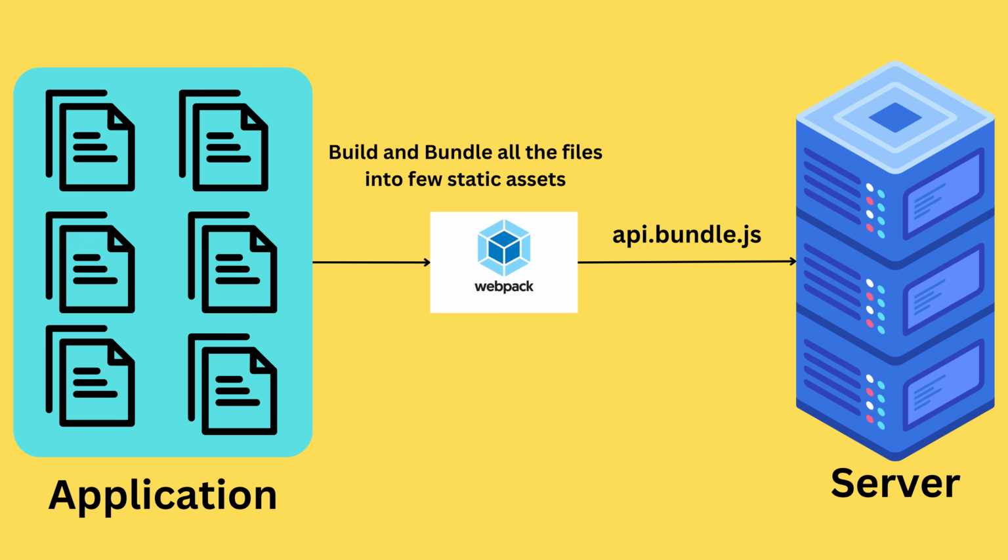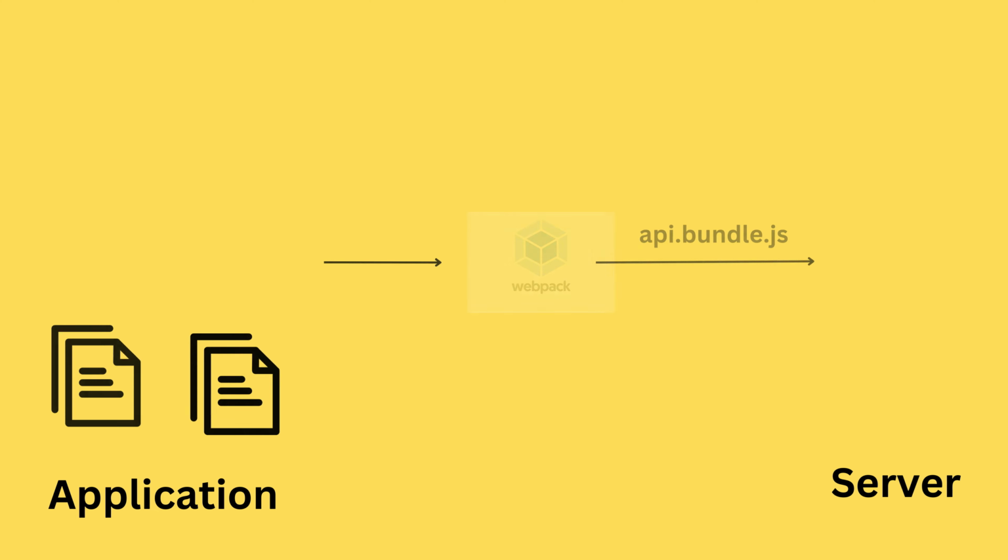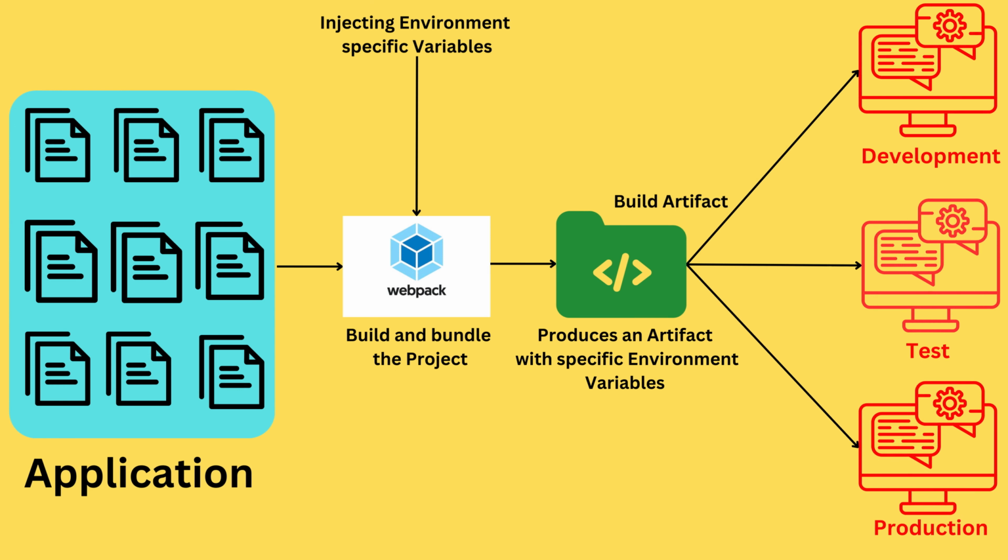That means every environment, such as development, test, production, will have the same port, which is 4000 or any port that you specify by default, and also the same database connection URL. So that's a problem. That's why we need to configure the .env library while building with Webpack.